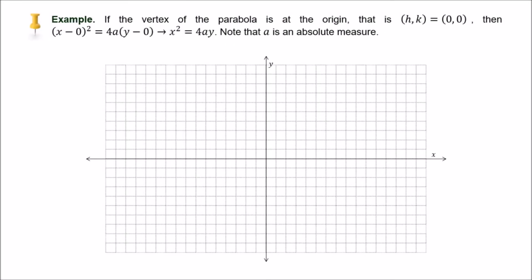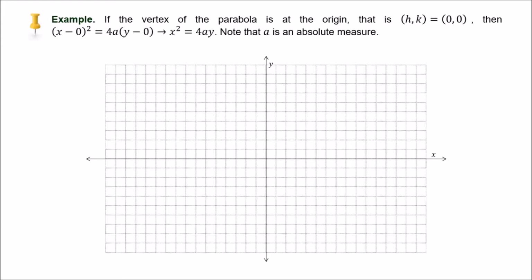Example: if the vertex of the parabola is at the origin, that is, the coordinates h, k are equal to 0, then the standard equation x minus h squared equals 4a times y minus k becomes x squared equals 4ay. Note that a is an absolute measure. Given this equation x squared equals 4ay, there are two possible ways to draw our parabola.